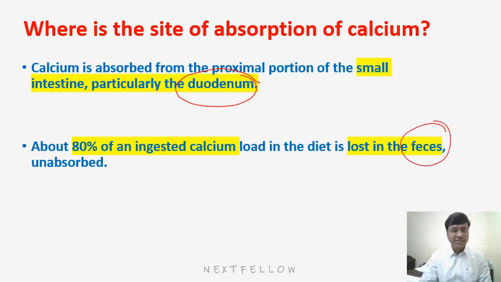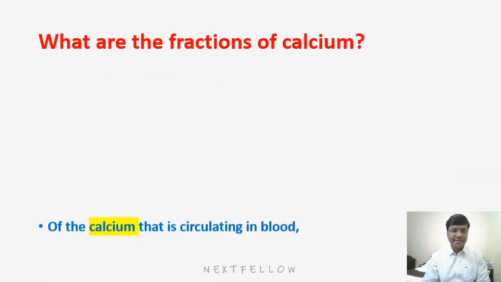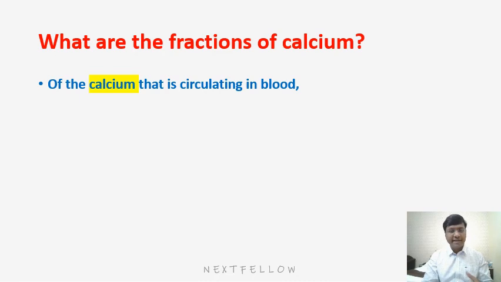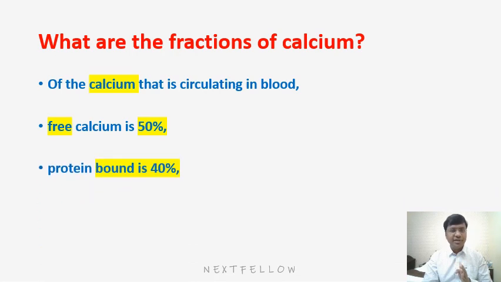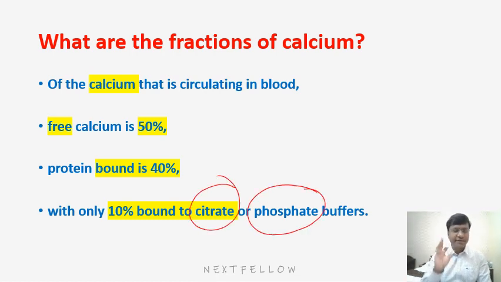And what are the fractions of calcium? Of the calcium circulating in the blood, free calcium is 50%, protein bound calcium is 40%, and only 10% is bound to citrate or phosphate buffers. So we have three fractions in total.